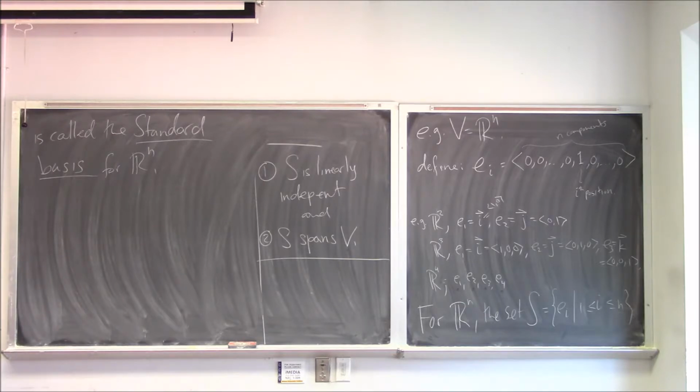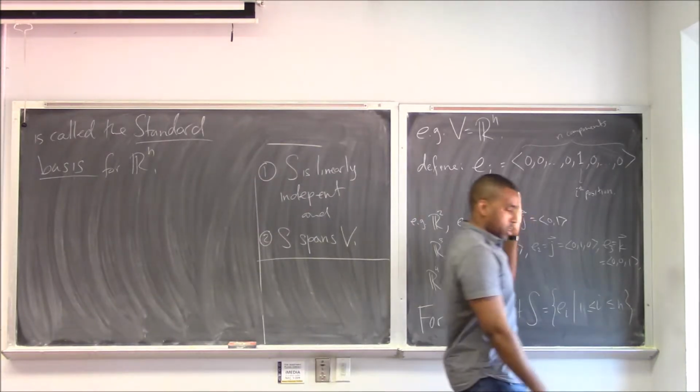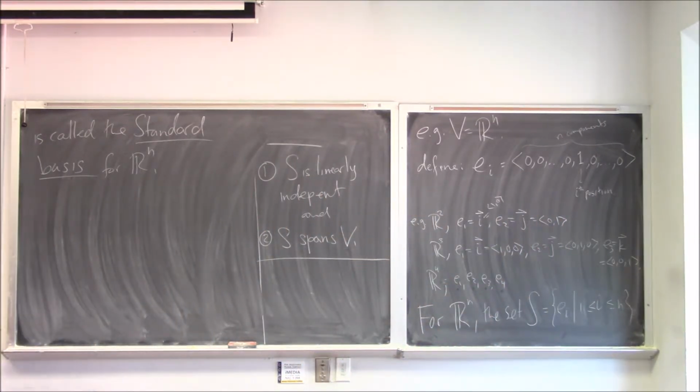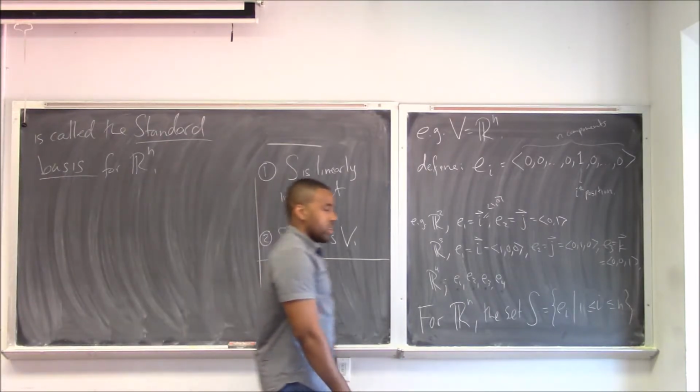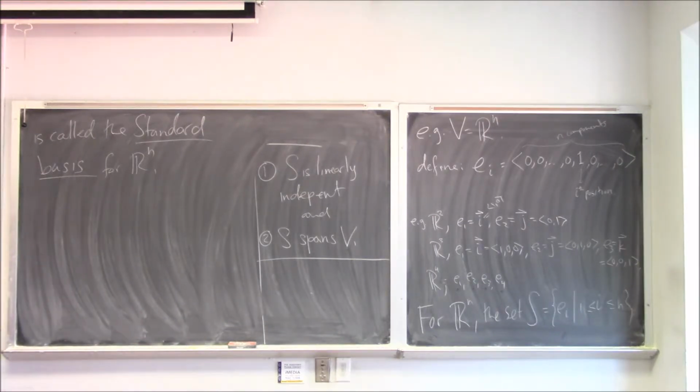This is the standard guy. If we're looking at Rn, I can always use this as a basis. This is my brain-dead basis if I have no reason to choose anything else. That's the basis I'm going to choose. That's the one that's easiest to work with because according to this basis, the coordinates of any point is itself, notation-wise.